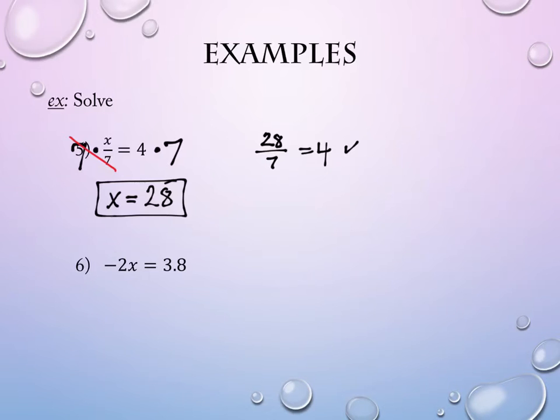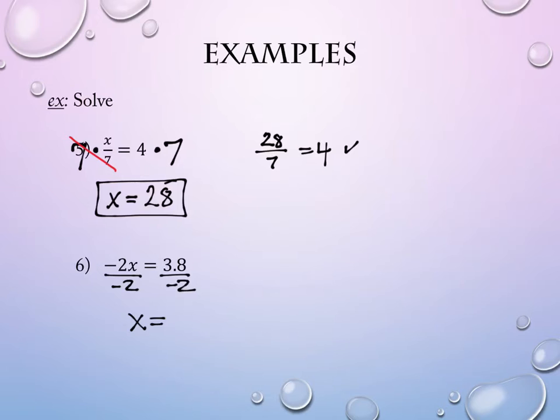How about number 6? How is my variable related to the value next to it? Yeah, it's multiplication. So what's the inverse of multiplication? Division. So I will divide by -2. X on the left. What is 3.8 divided by -2? I have no clue.